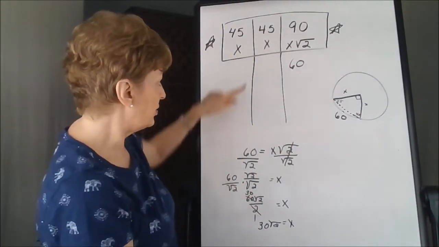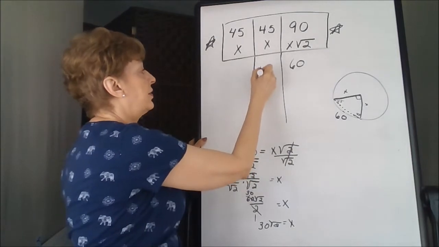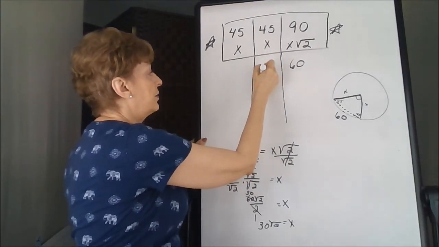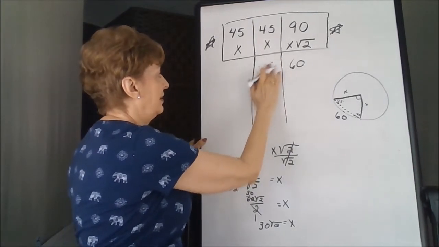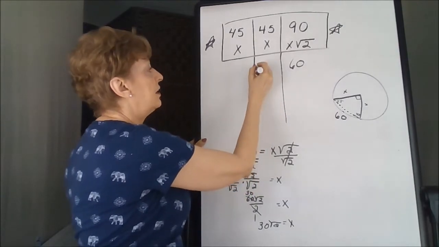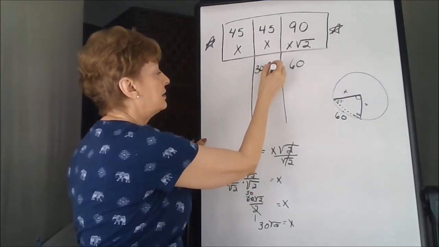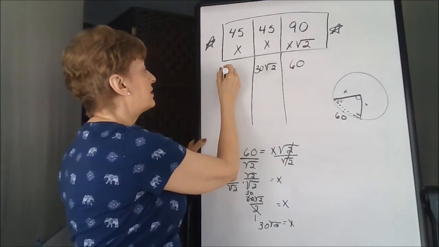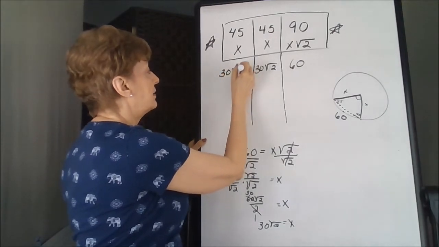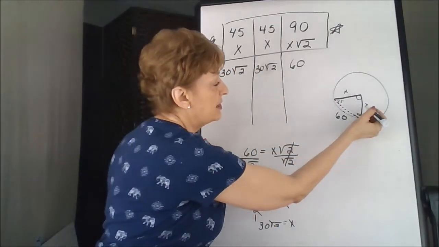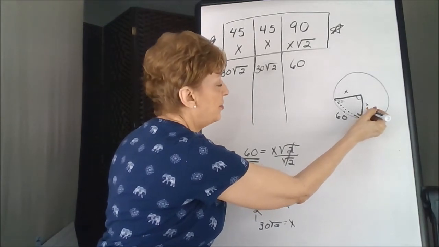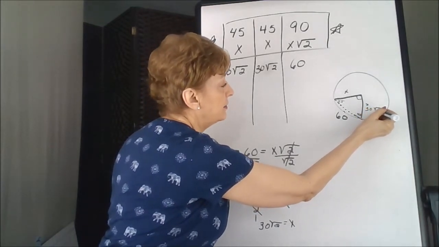And we can fill in our chart. 30 radical 2, and this x is also 30 radical 2, which gives us our sides as 30 radical 2.